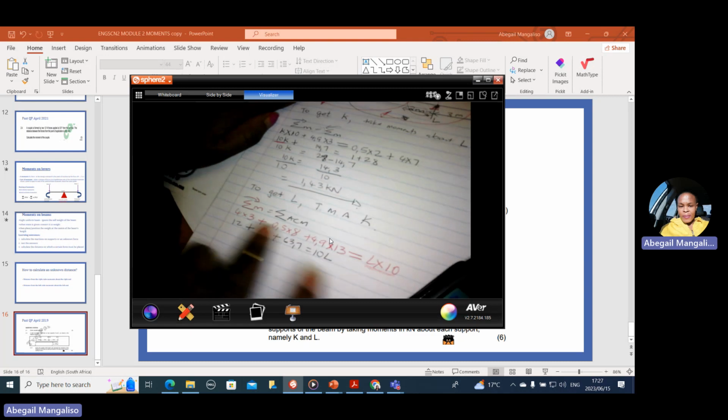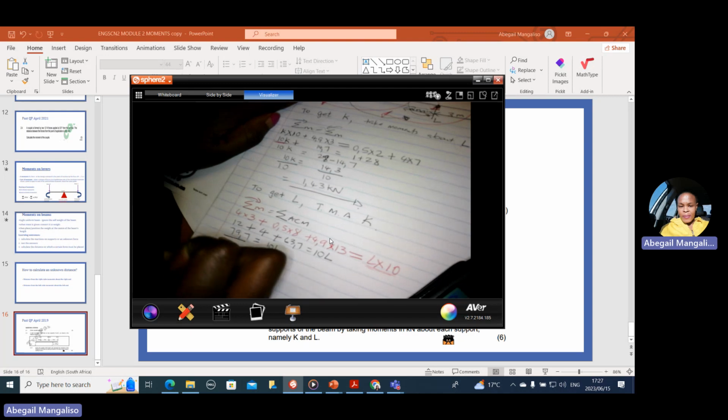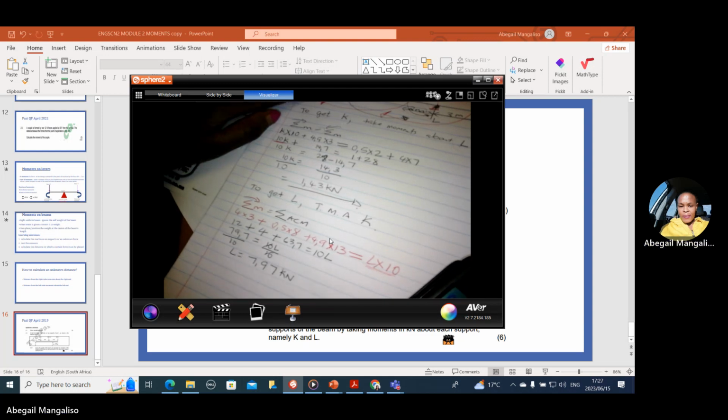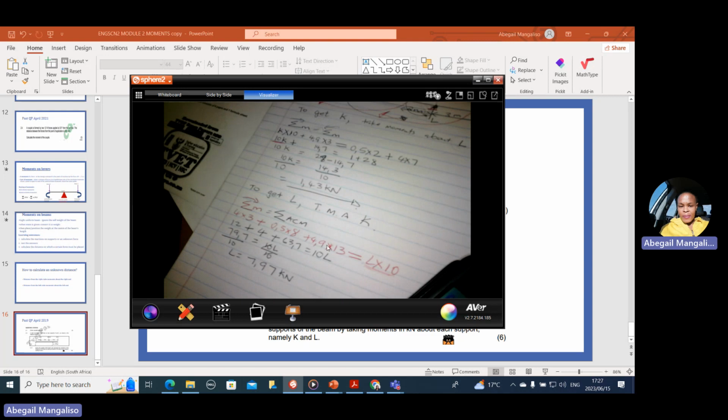Then we add this side, plus 4 plus 12. The answer is 79,7 equal to 10L. Divide by 10, divide by 10. So L will be equal to 7,97 kilonewtons.